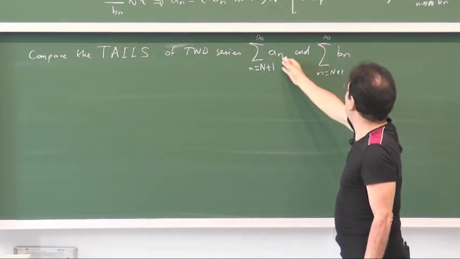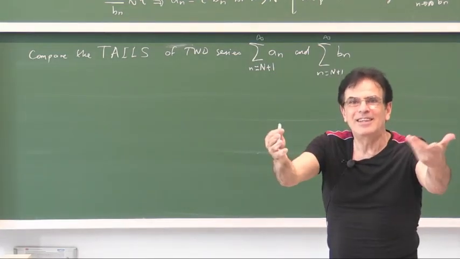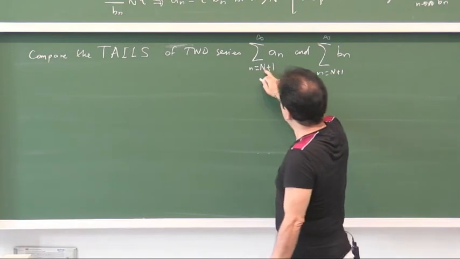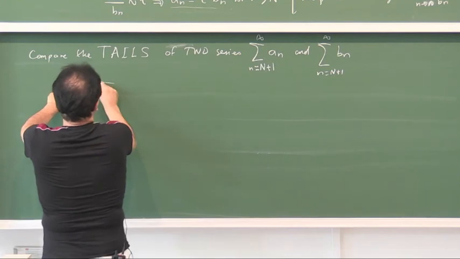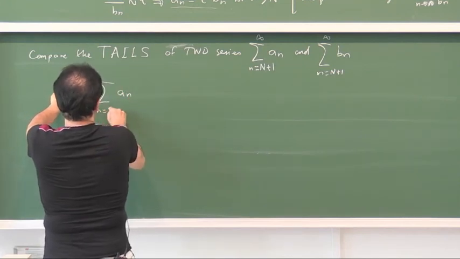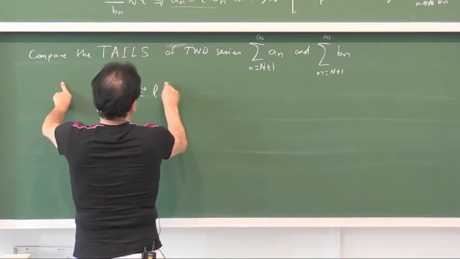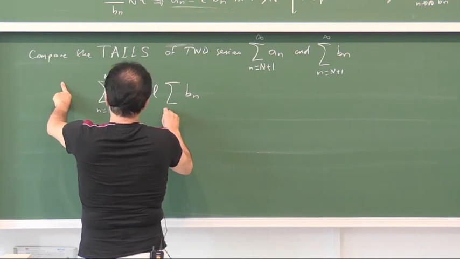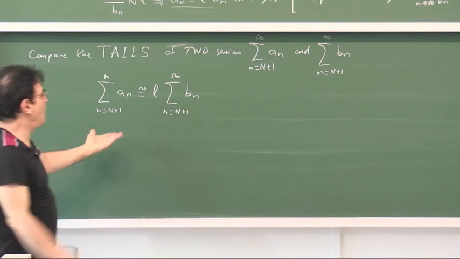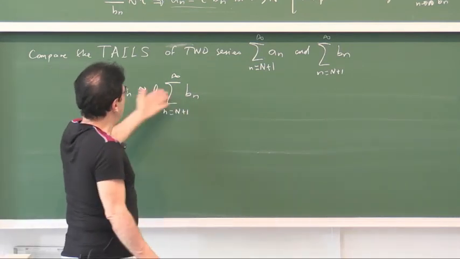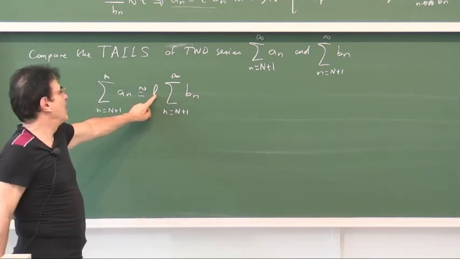These are the tails of an and bn. And you know, a series behaves like its tail. So for n larger than N, we have this relation between them. Therefore, sigma an, from N plus 1 up to infinity, is approximately L times sigma bn.